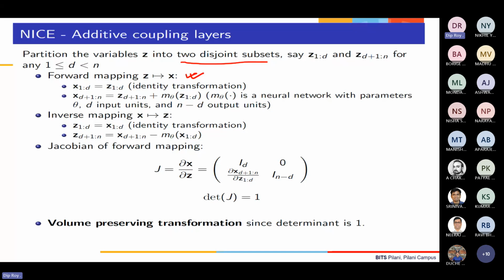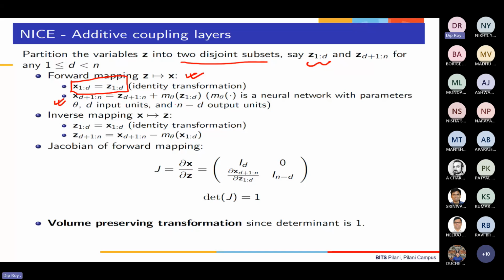Once we make two disjoint subsets, we take the first subset and do an identity transformation. So we say x1 is equal to z1, x2 is equal to z2, x3 is equal to z3, up to xd equal to zd. Then we take the subsequent d+1 to n z's and scale it.